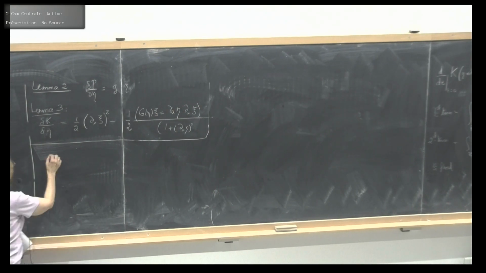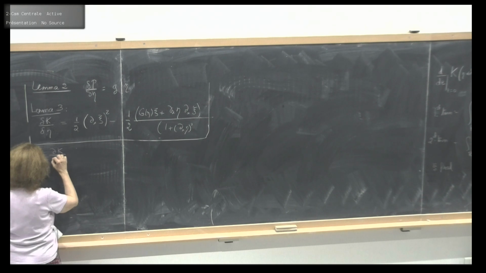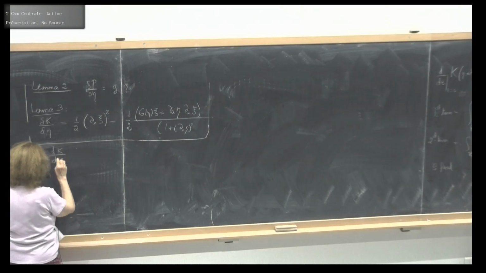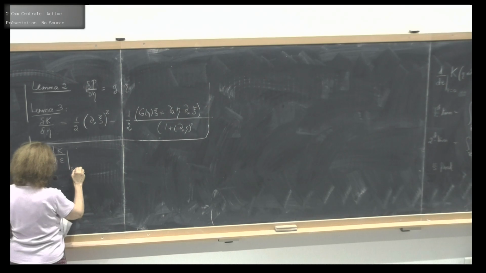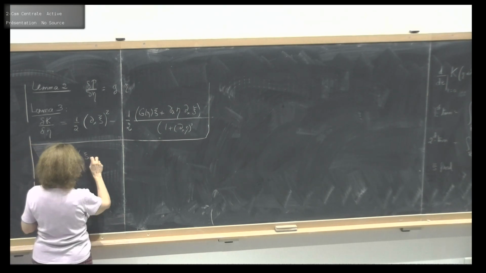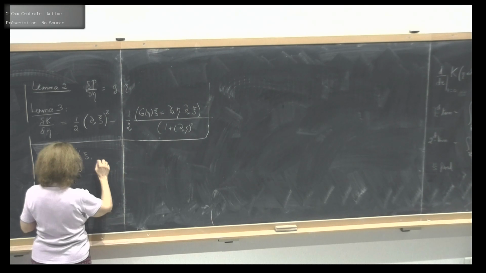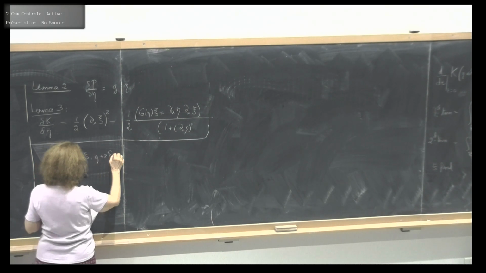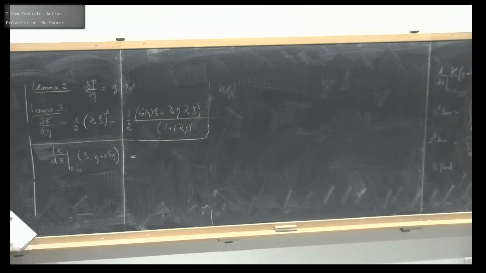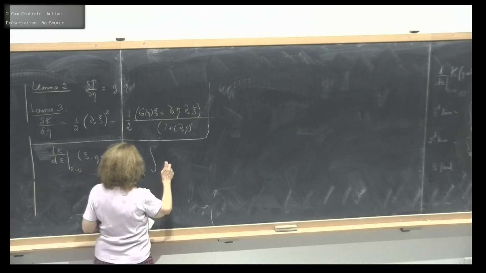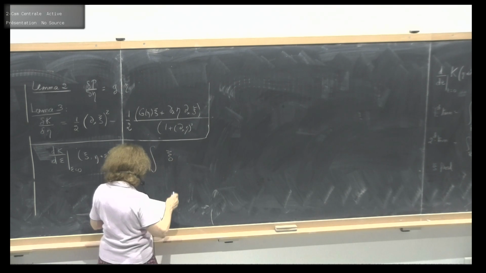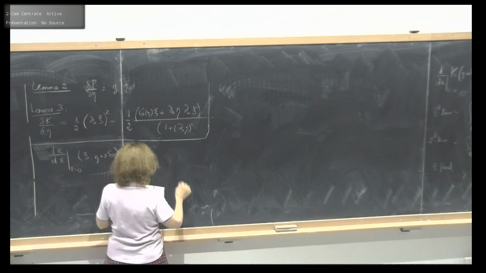So we just obtained that if I do dk d epsilon of k of xi, this is exactly the integral of xi squared, all this d eta.